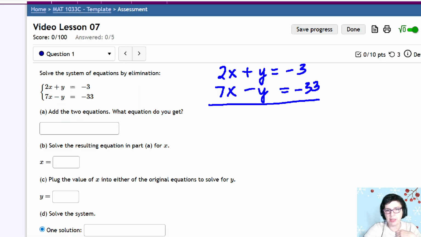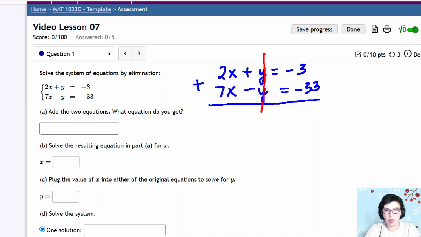So as the name suggests, addition or elimination, we're trying to get rid of one of the variables. And here, hopefully, you already see that if we were to add it up, y and negative y is going to cancel, right? Because when we add opposites, like 3 and negative 3, the answer is going to be 0. So this is going to cancel. And then on the left-hand side, you're going to get 2x plus 7x.